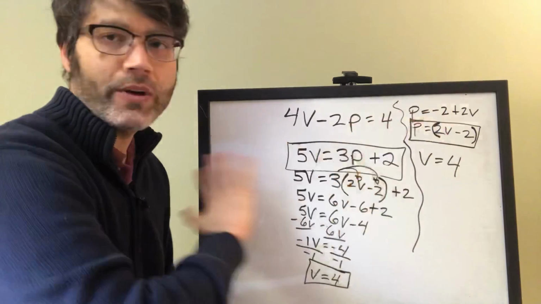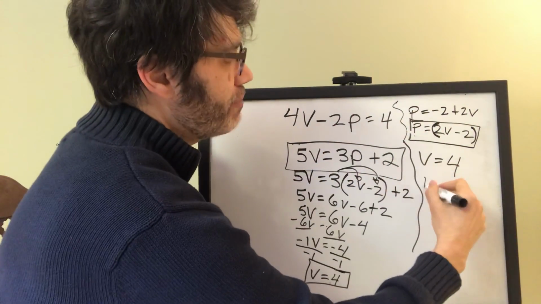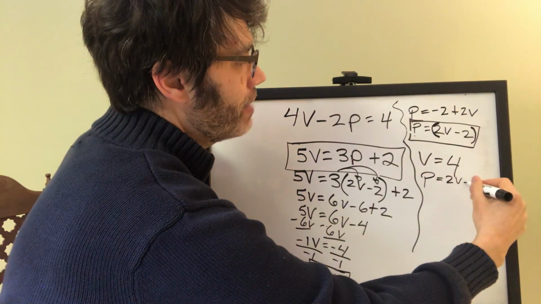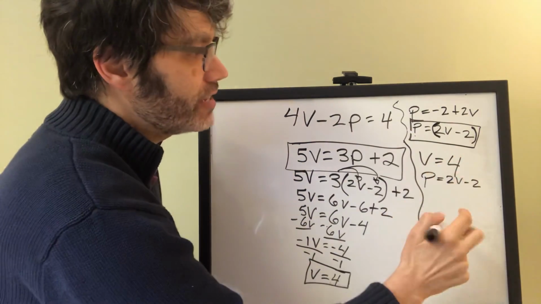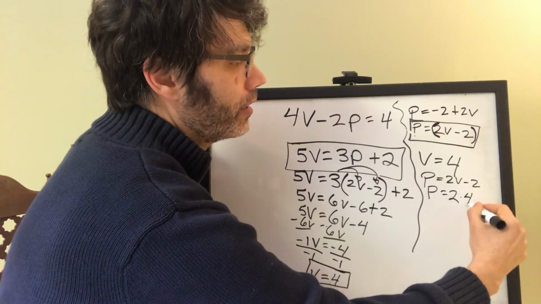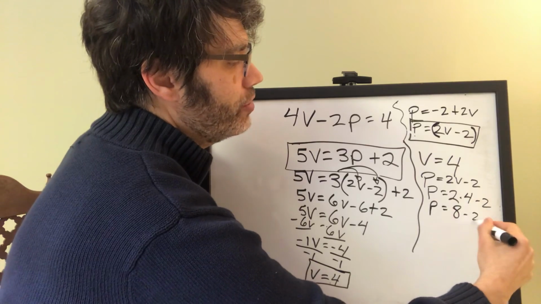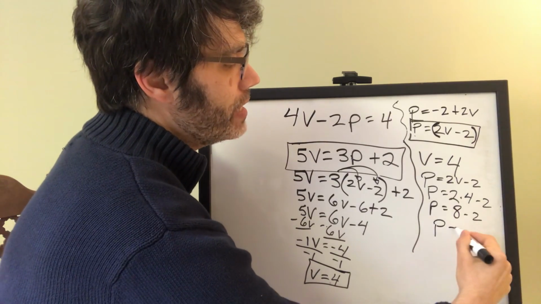You can use any of the equations that you've created to plug back into. So let's use this one right here. If p equals 2v minus 2, and we now know that v is 4, that's p equals 2 times 4 minus 2. So p equals 8 minus 2, which is 6, so p equals 6.